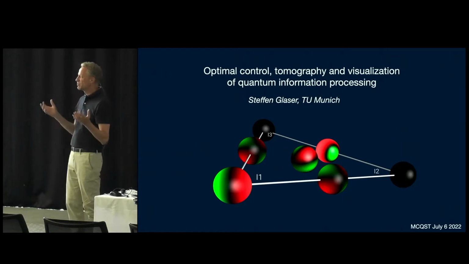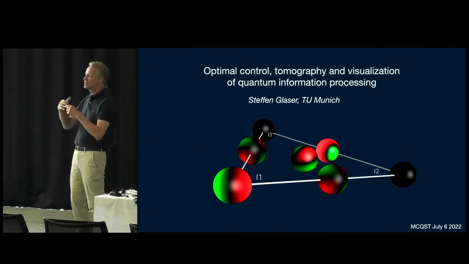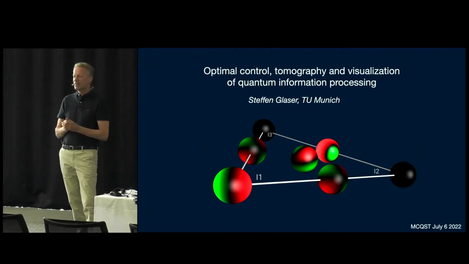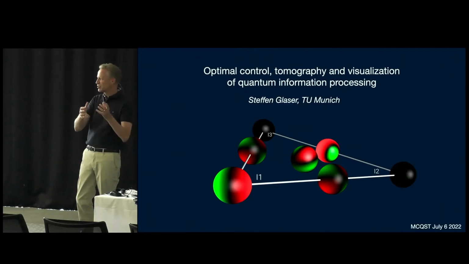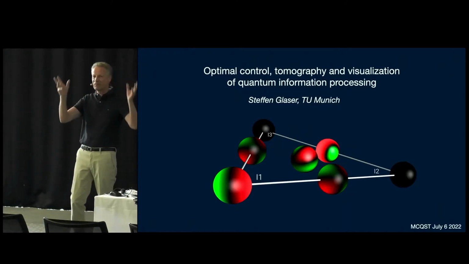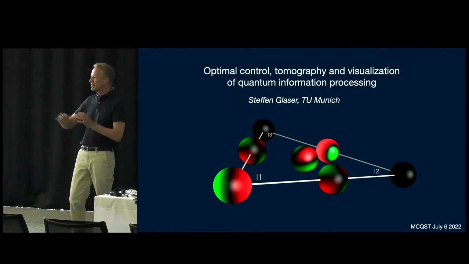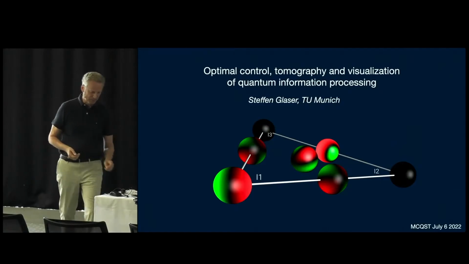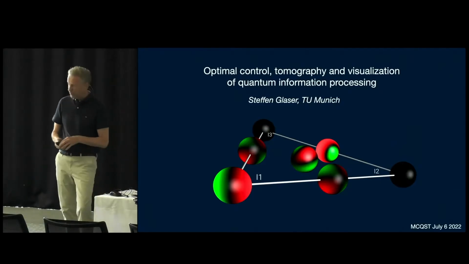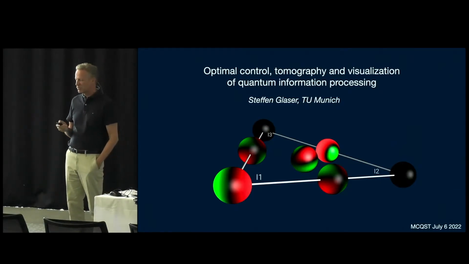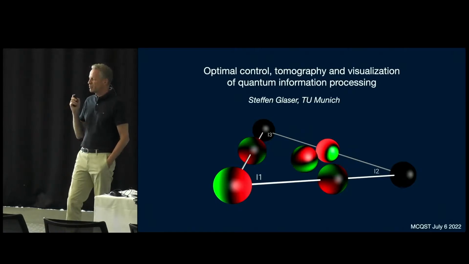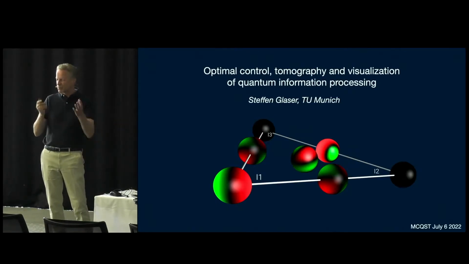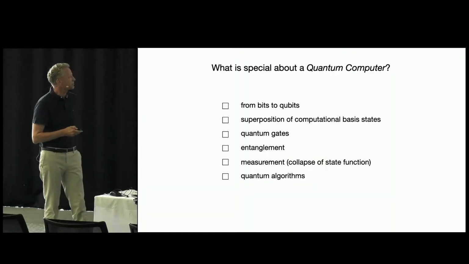Actually, there are programs for schools, outreach activities, even for the public. And then there's this huge gap between the simple pictures people usually use, like some hand-wavy stuff, and then the actual theory behind it, and usually we don't have a very good connection to that. But I will try to show you a visualization scheme that I think is very suited to actually bridge this gap in a very nice way.